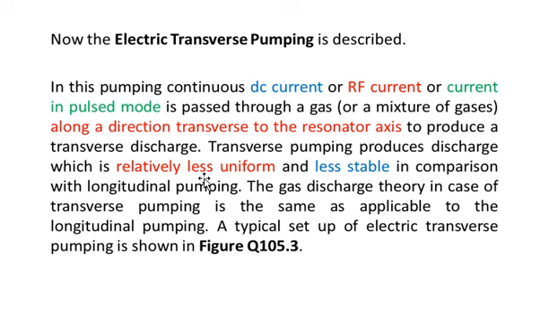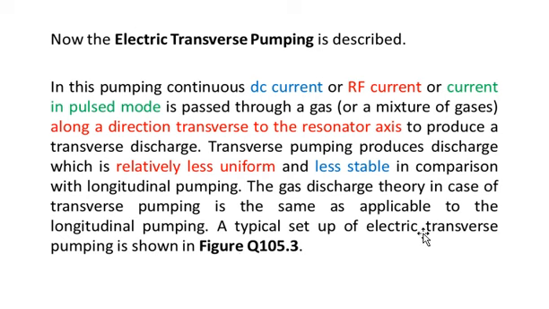One is that it is difficult to produce a uniform discharge, and the second is that it is less stable in comparison with the longitudinal pumping. The gas discharge theory in the case of transverse pumping is the same as that applicable to longitudinal pumping, because the gas breakdown mechanism in both the longitudinal and the transverse pumping is the same.